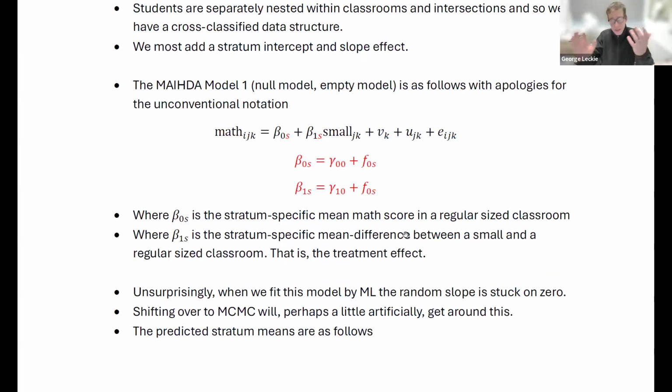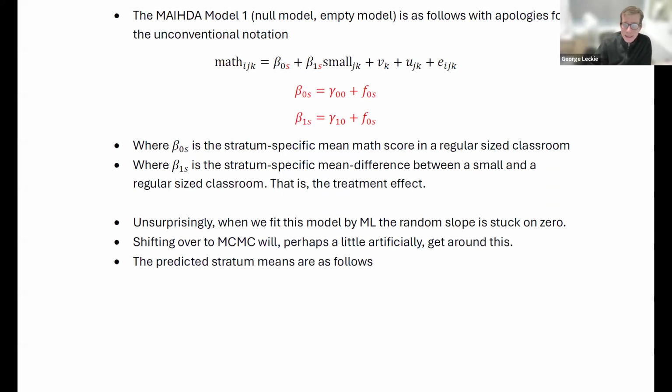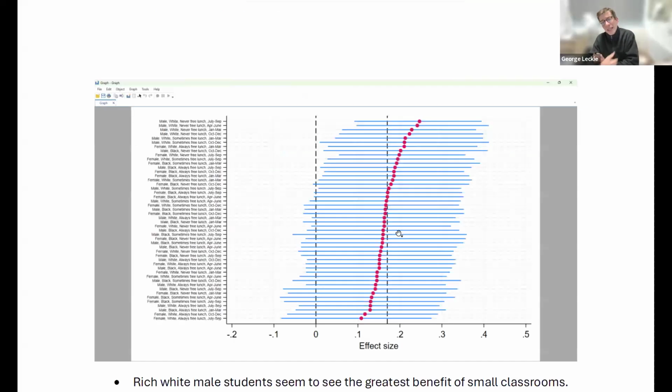But anyway, I can fit this model by MCMC. The variance is no longer stuck on zero, and I can at least show you what the results would look like. Here are the 48 intersections, a league table for the treatment effect size. Remember, the average is around 0.17, 0.18, 0.19, whatever it is. I now have 48 effects, one for each combination of characteristics. You can see those up there.